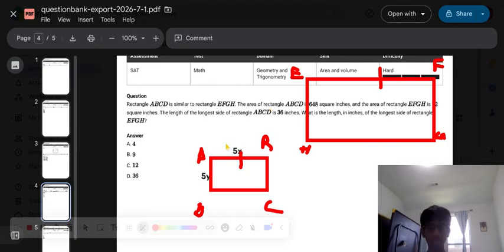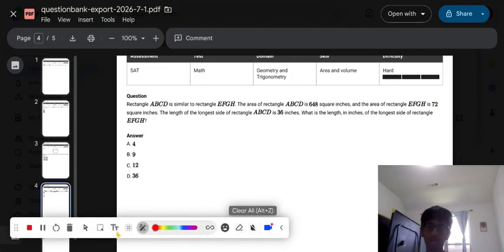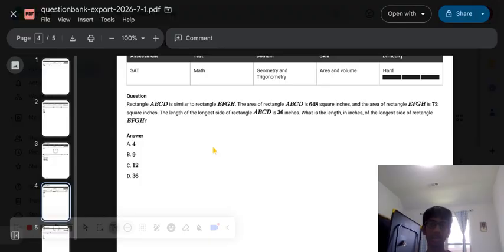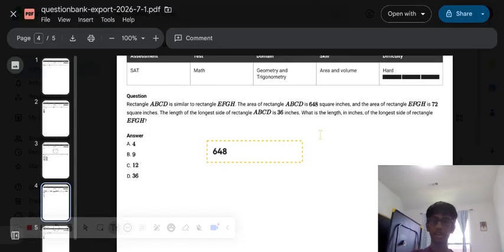All that is to say is our area of rectangle ABCD is 648 inches. Right? And the area of rectangle EFGH is 72 inches. Right? So we know that they're proportionate.